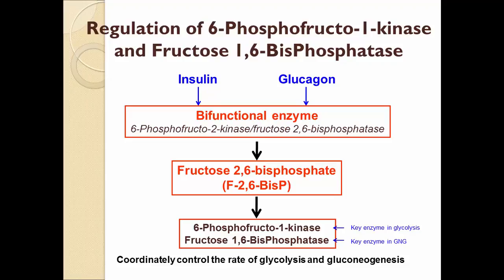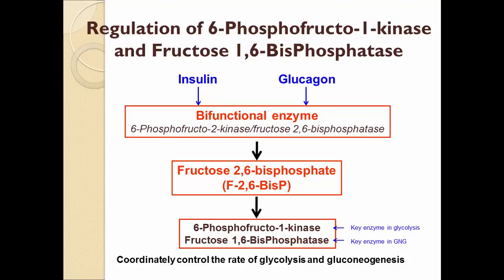So fructose 2,6-bisphosphate is a key substrate, but it is not directly involved in either glycolysis or gluconeogenesis. I mean, it is not a direct intermediate of glycolysis or gluconeogenesis. Does that make sense? But this substrate can directly regulate these two key enzyme activities.